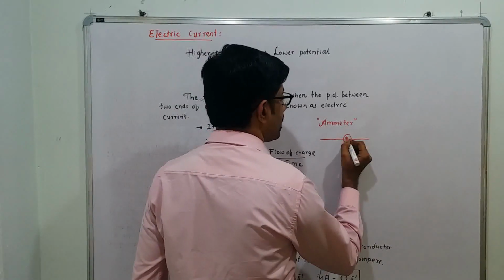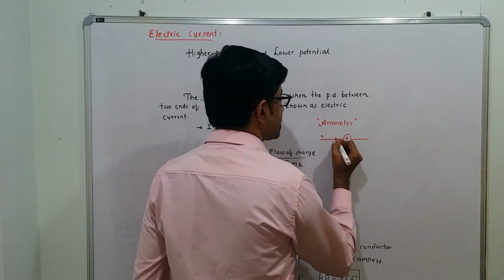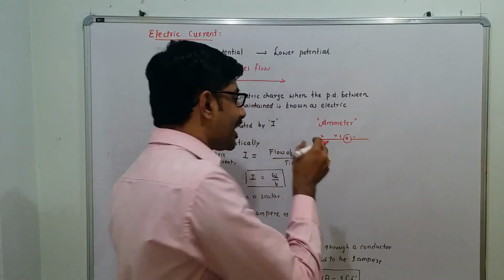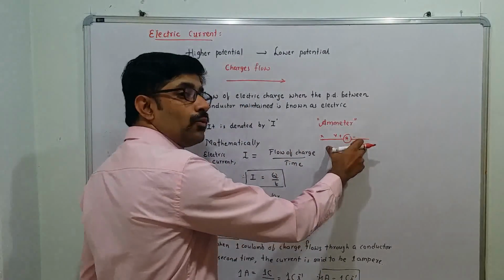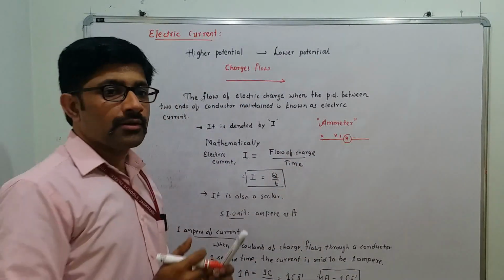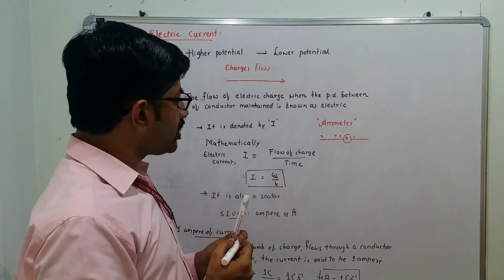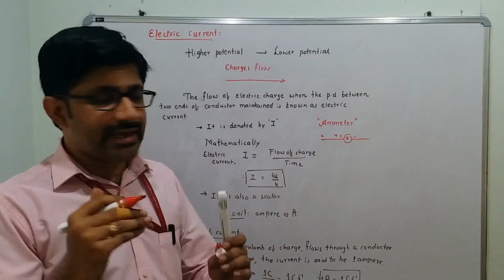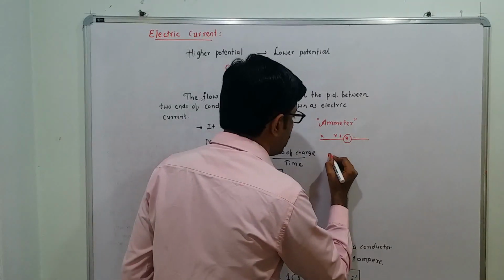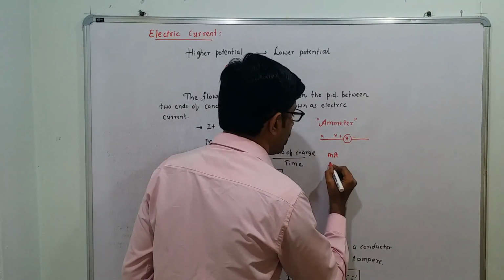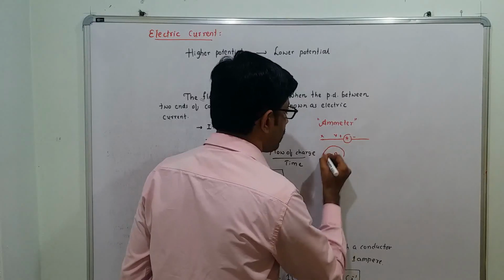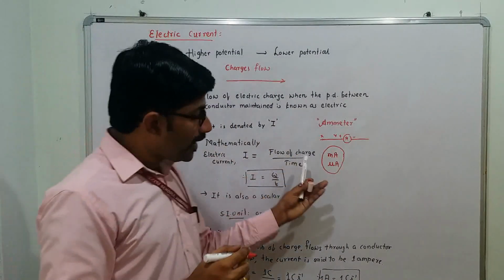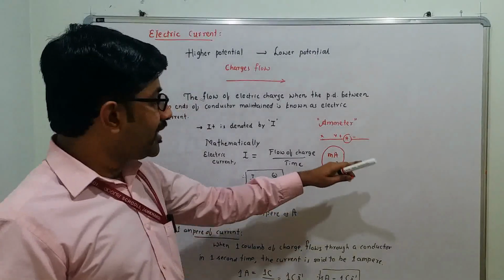If you take the points as X and Y, the ammeter is always connected across the wire. And note also that for smaller currents, we measure in milliampere and microampere respectively.